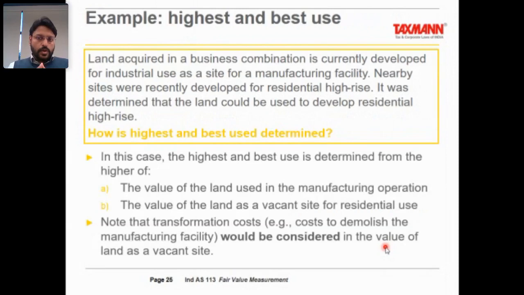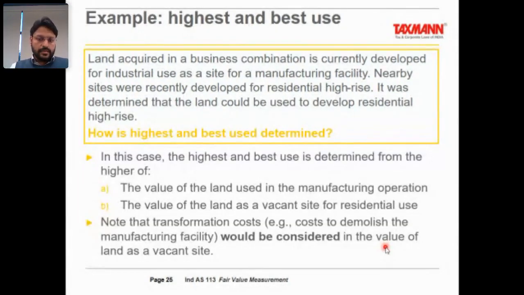Land acquired in a business combination is currently deployed for industrial use as a site for manufacturing facility. Nearby sites were recently developed for residential high-rise. It was determined that land could be used to develop residential high-rise. Now, how would the highest and best use be determined in this case?